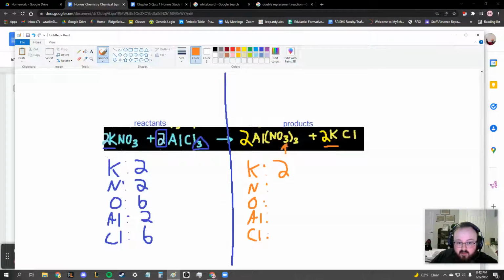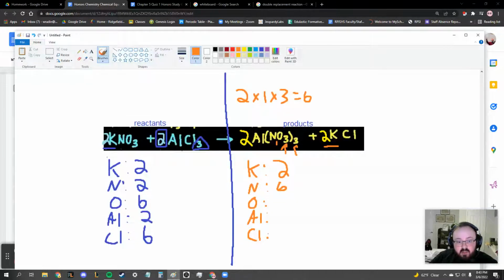For the case of oxygen, there's a subscript here and a subscript here. So what we have to do is multiply both subscripts by one another, and then multiply that by the coefficient. Nitrogen has this invisible 1 here, so it would be 2 times 1 times 3, which gives us 6. So there would be a total of 6 nitrogen atoms.